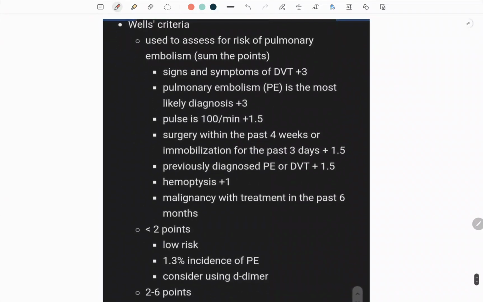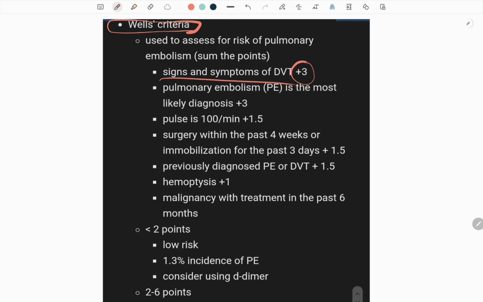Now let's talk about the Wells criteria. How do we diagnose pulmonary embolism? It is used to assess the risk of pulmonary embolism. We give 3 points if there are signs and symptoms of DVT.